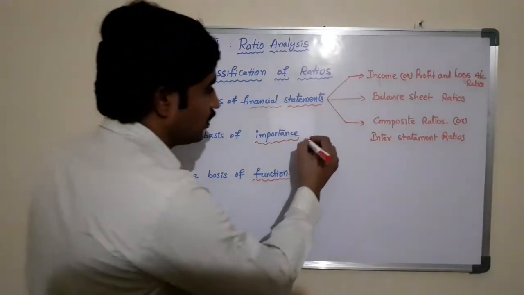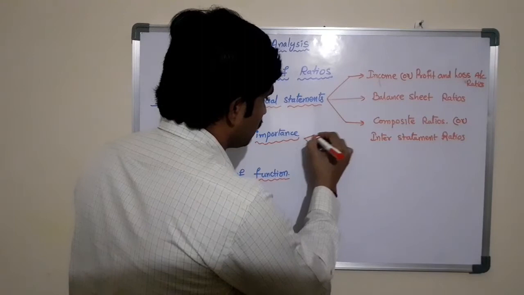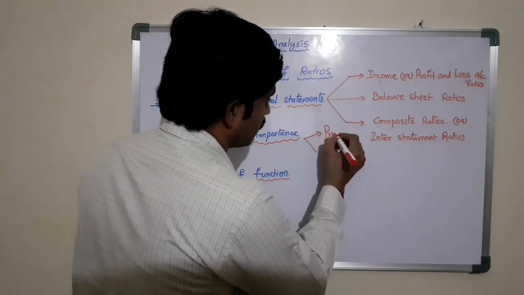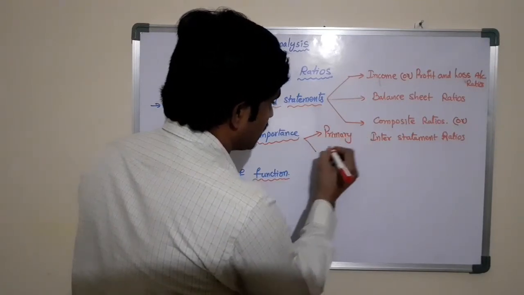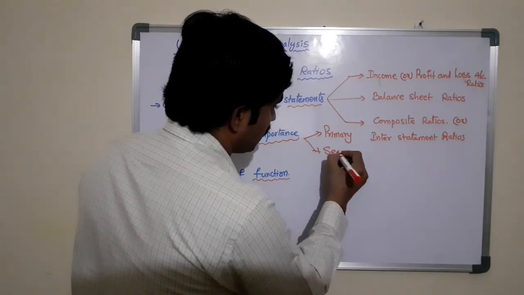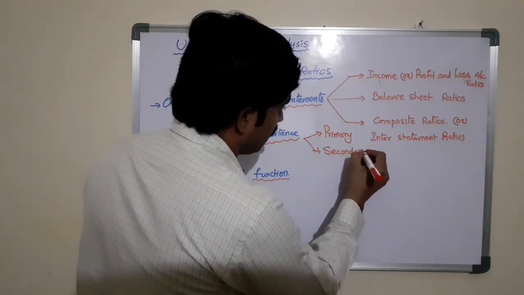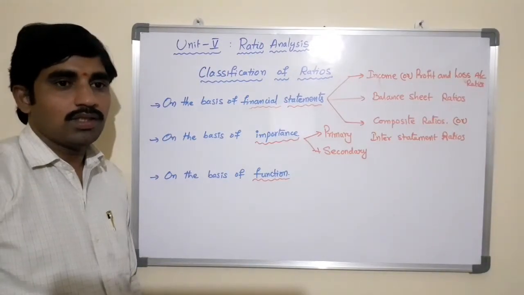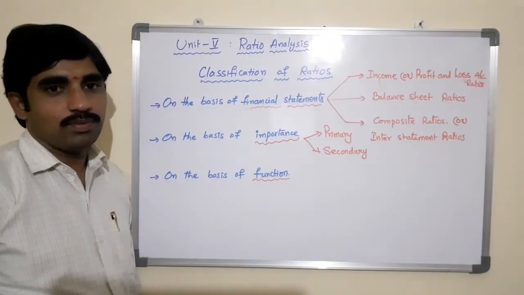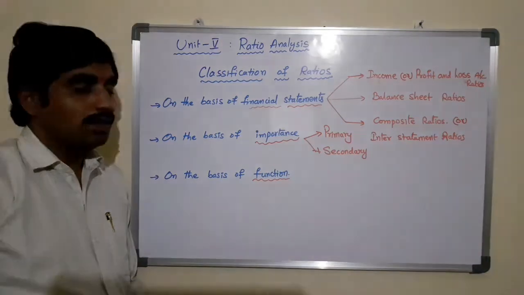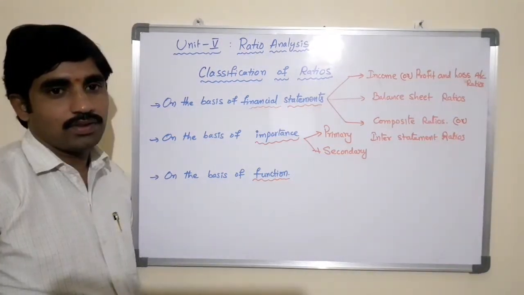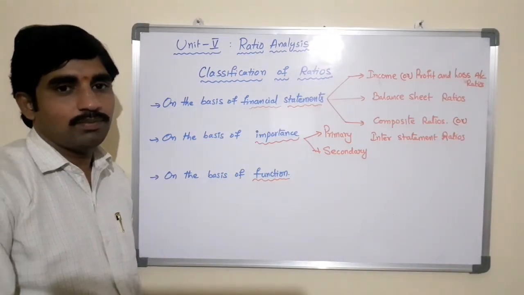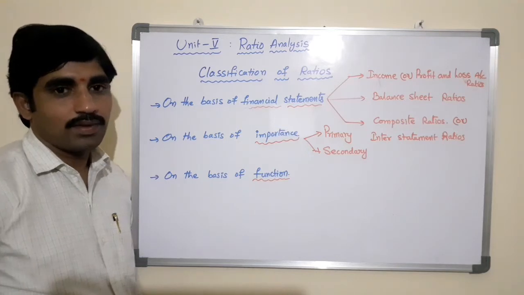At the same time, on the basis of importance, the ratios are classified into primary ratios and secondary ratios. Primary ratios are very important for the business and provide very important information to the company to take decisions.